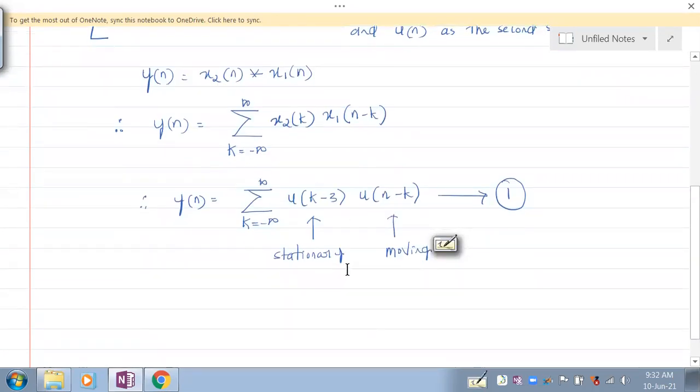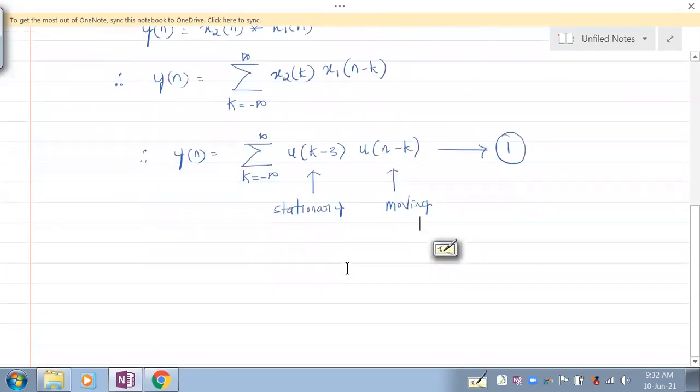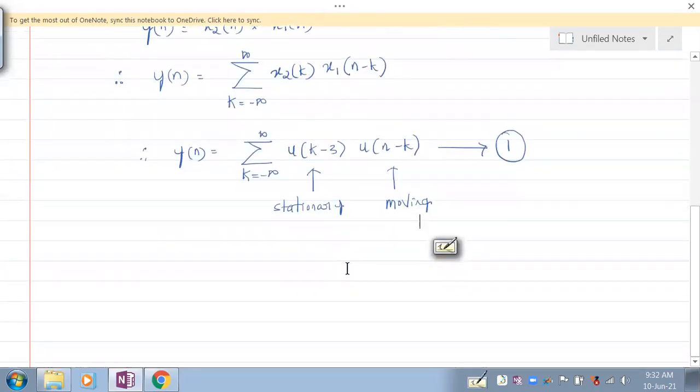So let's write the stationary signal first. What we are doing now is very important. If you just learn this, you're through. You can solve any problem. So just understand, I'm first writing the stationary signal.